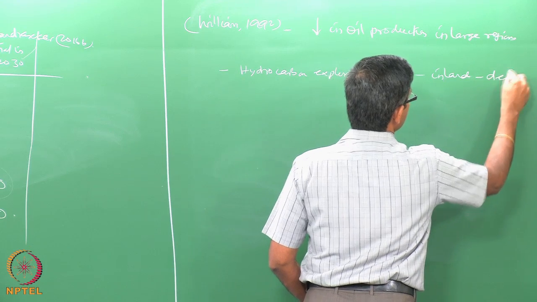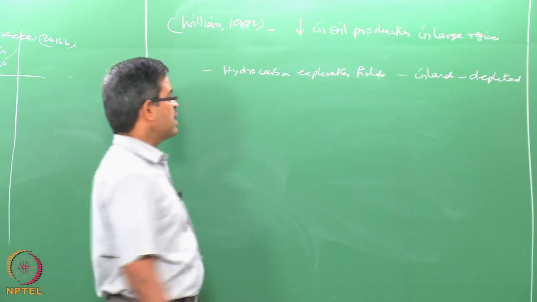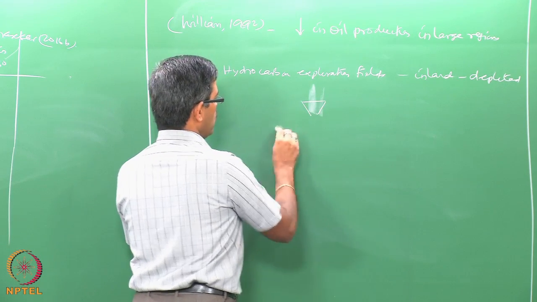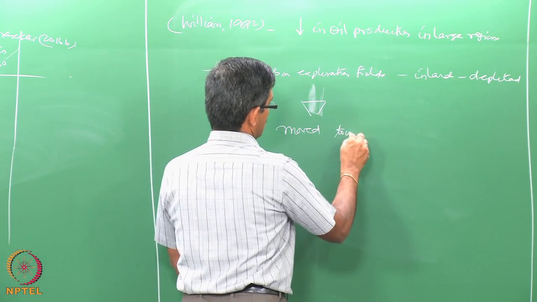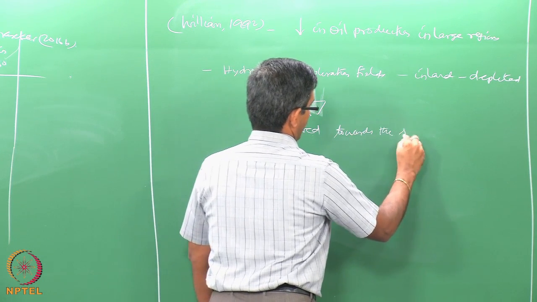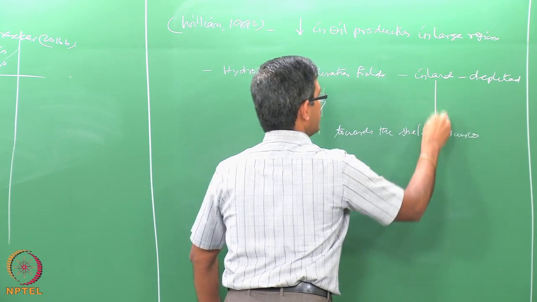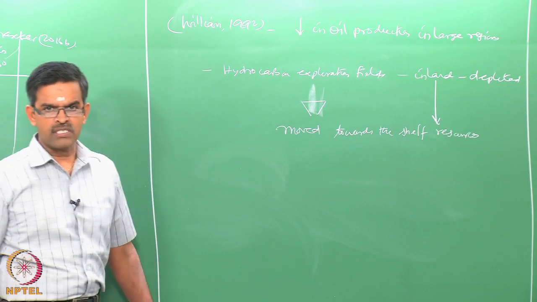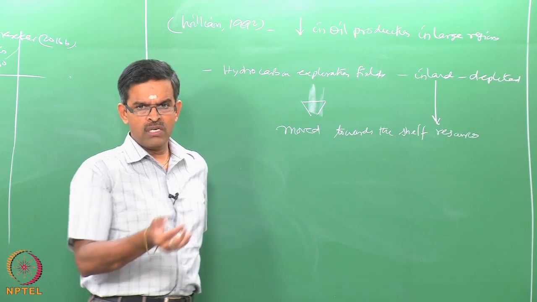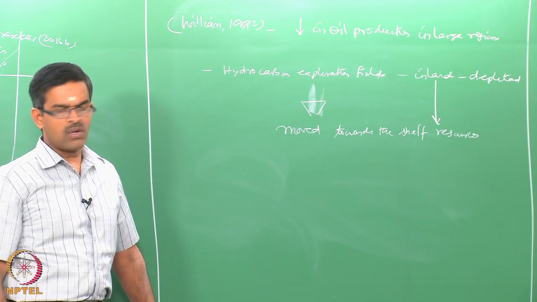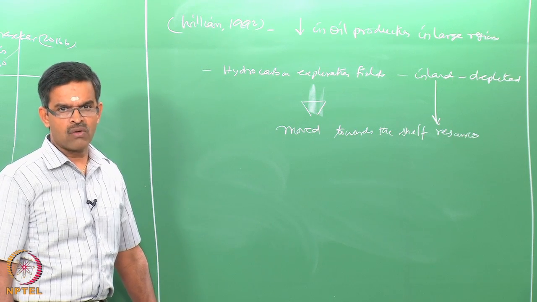are now getting depleted because there is no oil reserve available, and dangerously this shift has moved, or is moving, towards the shelf resources. From the inland it is moving towards the continental shelf. So, this shift from the inland towards the continental shelf is seen as one of the significant effects which is going to cause ecological disturbance of marine organisms.